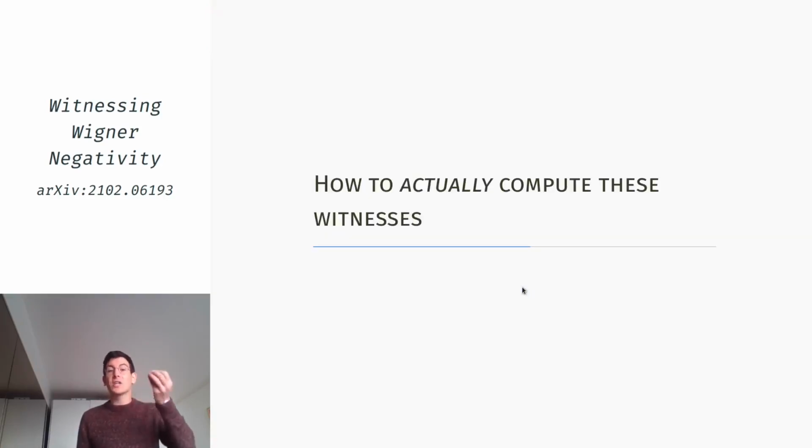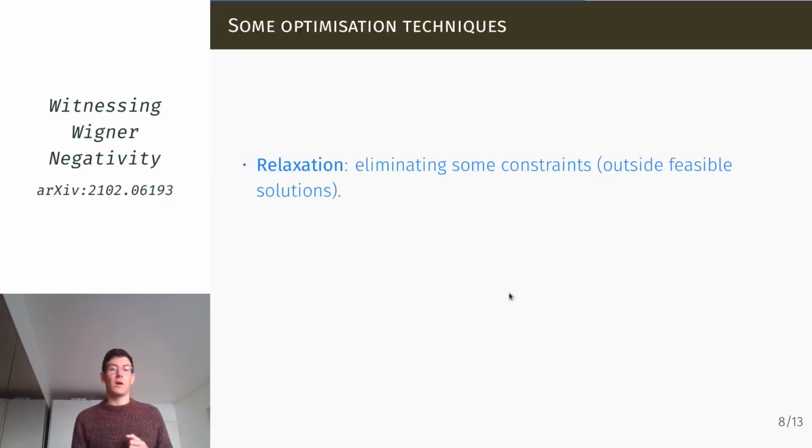Now, how to actually compute these witnesses? Well, there are known techniques for making this infinite linear program actually computable, runnable on a computer. First one is by relaxation. If you eliminate some constraints, for instance, then you will optimize on the outside of the feasible set of solutions originally, and maybe your program will be much easier if you do so.